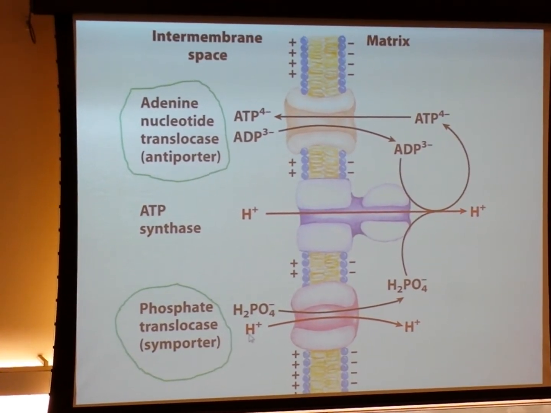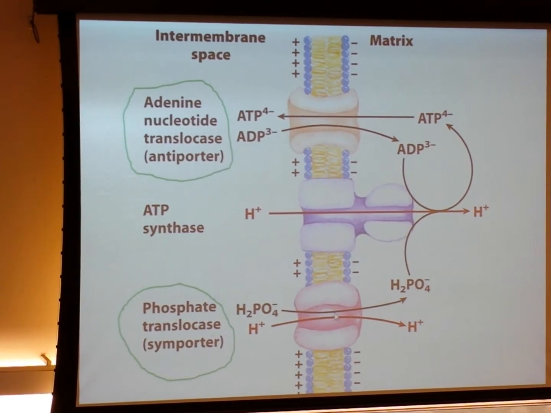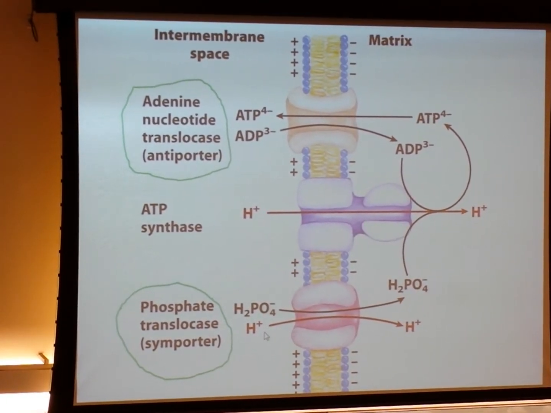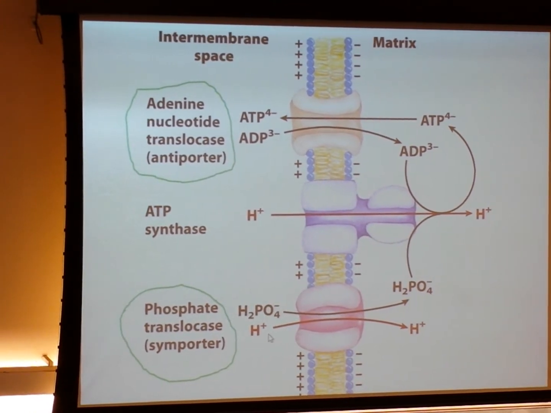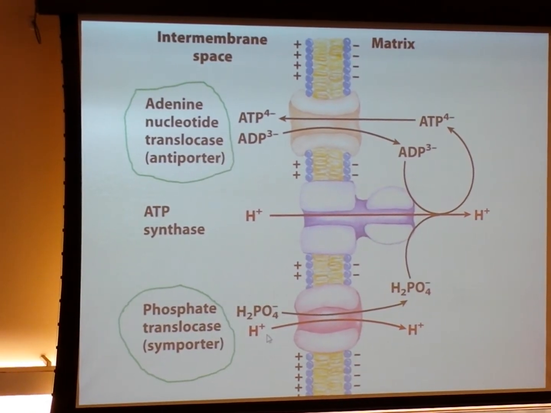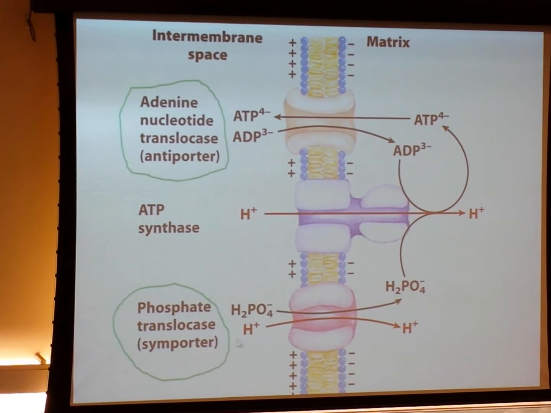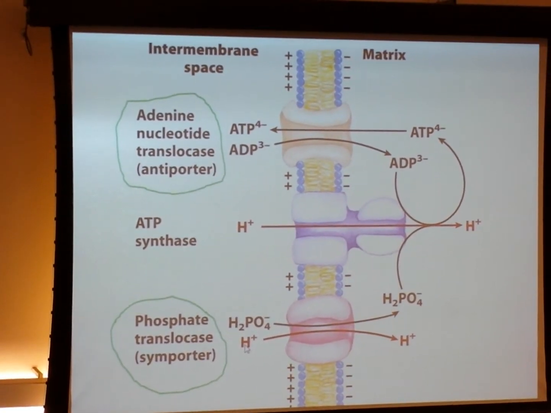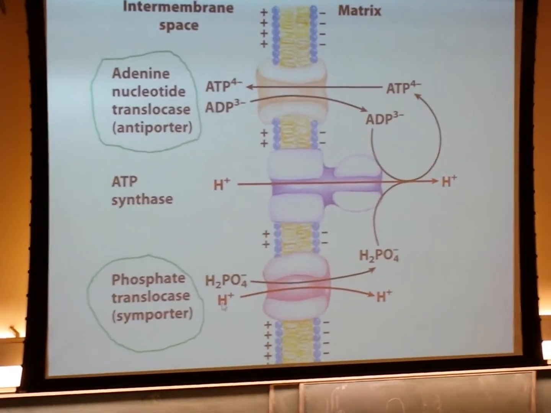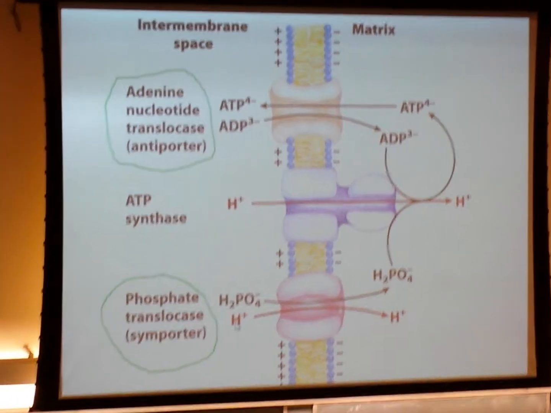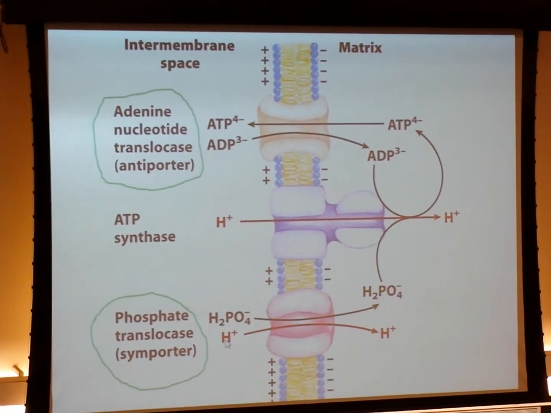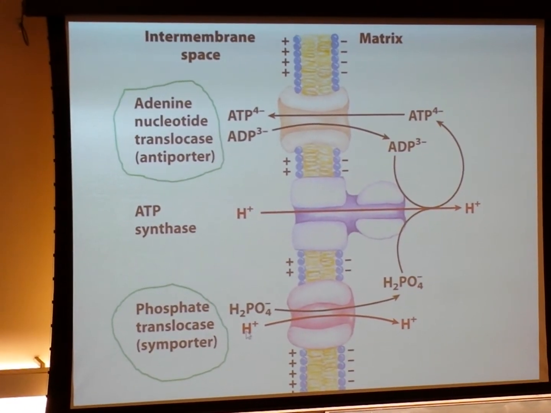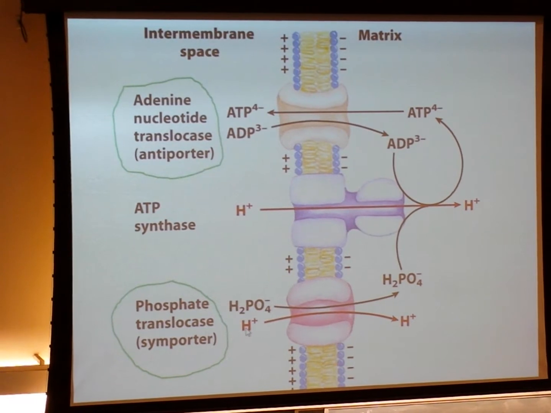The proton is necessary to go in at the same time as the phosphate, so this proton gradient is causing this to bring phosphate in. So from this diagram, every time you make an ATP, you need 3 protons to run the rotor 1 click of 120 degrees, but it also costs you 1 proton to bring in the phosphate.